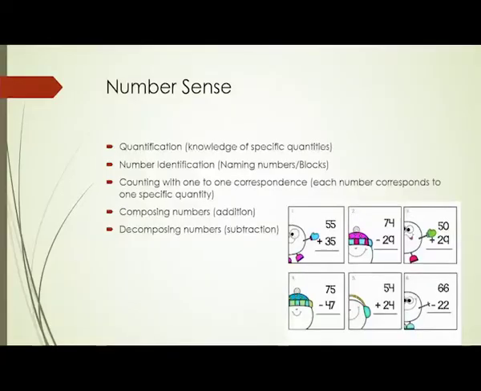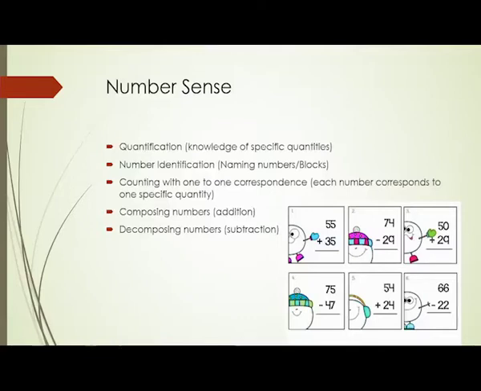Right. What is number sense? Quantification, that means the knowledge of specific quantities. Also, number identification, meaning naming numbers. They have to know that this is a number 5, this is a number 4, this is number 1. They have to be able to identify numbers.